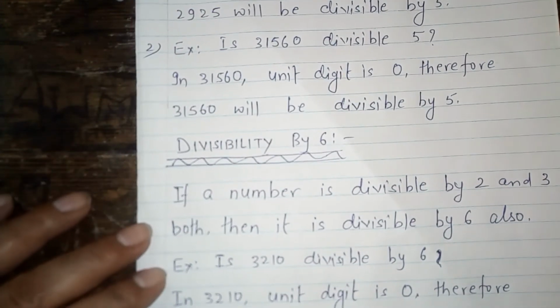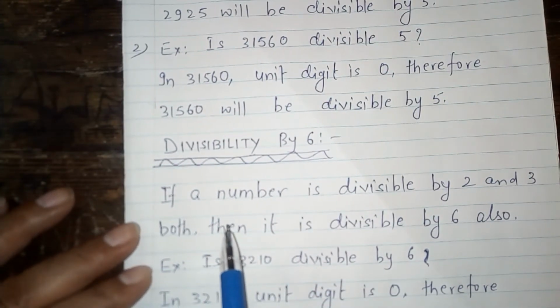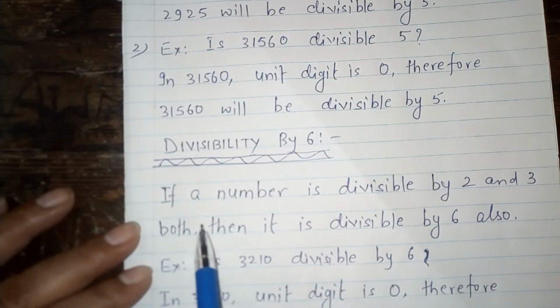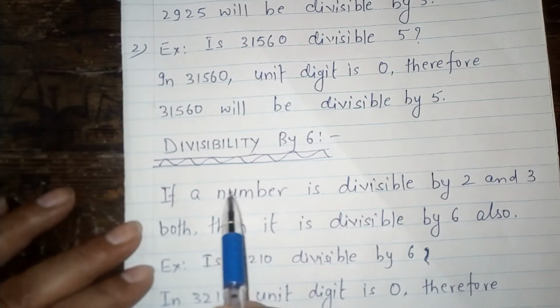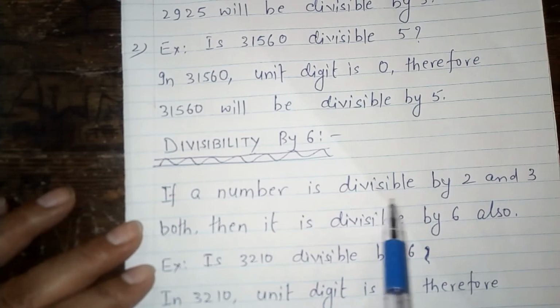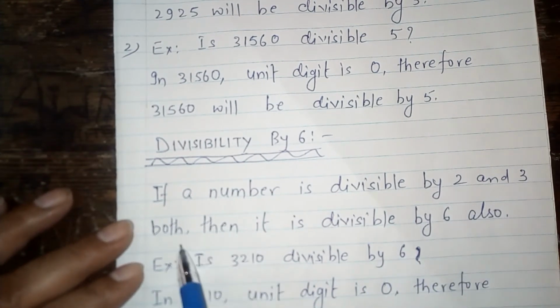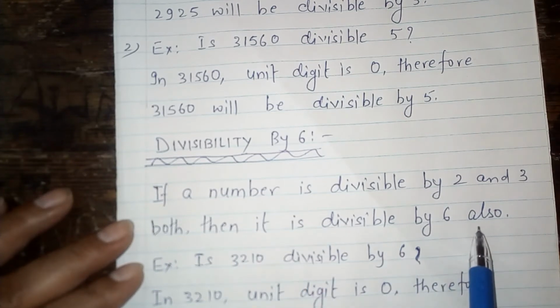Your next divisibility rule is divisibility by 6. As you know very well which numbers are divisible by 2 and which numbers are divisible by 3. Your rule is if a number is divisible by both 2 and 3, then it is divisible by 6 also.